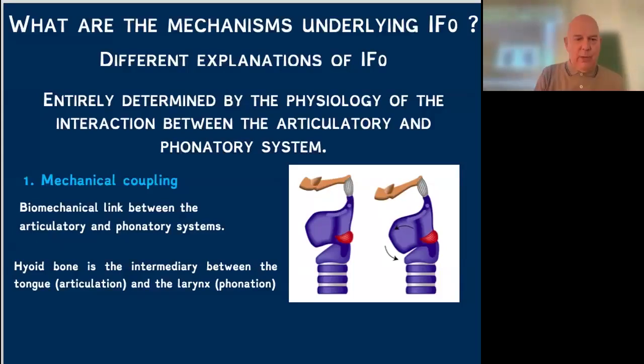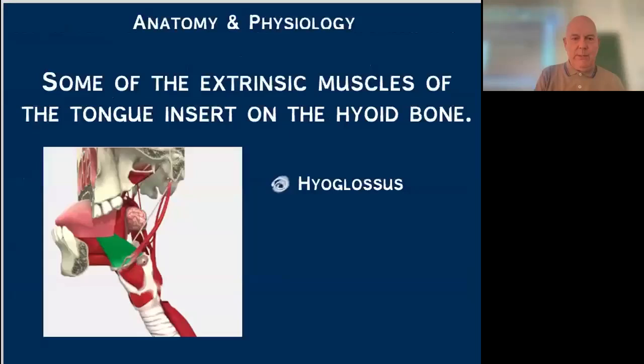I don't want to go into this in any detail. I think hyoglossus may be a main culprit in a way. It's the muscle here in green that inserts into the sides of the tongue; actually raising the tongue body will cause some pull on the hyoid and larynx as a result of it. So, the tongue pull hypothesis.